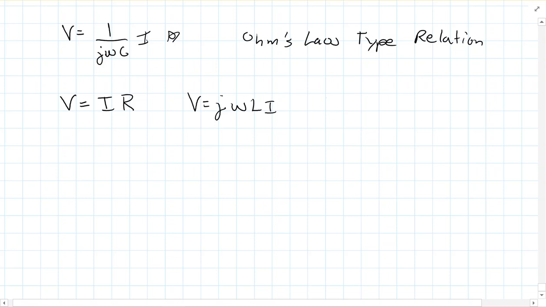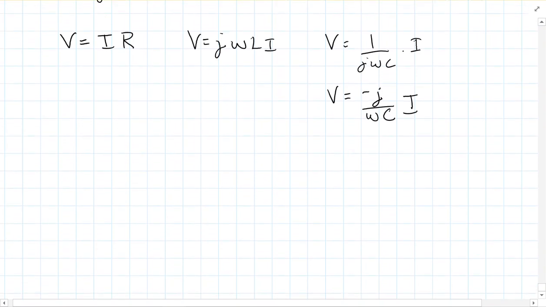And then for a capacitor, it's V is equal to 1 over j omega C times my current, which another way to write that one, and you'll see us doing this frequently, is pulling that negative, making it negative j over omega C, because you can pull a j up into the numerator just by making it negative. And so these are my Ohm's law types of relationships, and actually this is where we're going to pick up on the next video.